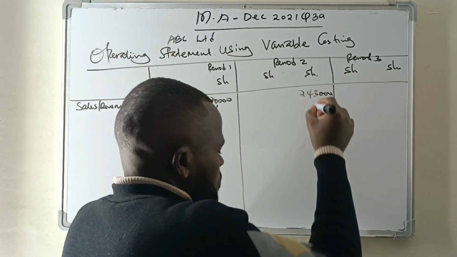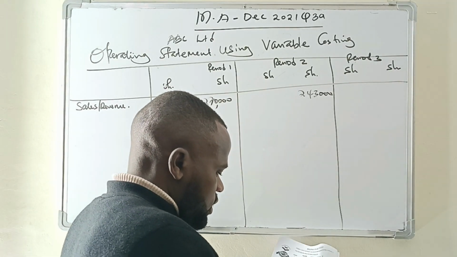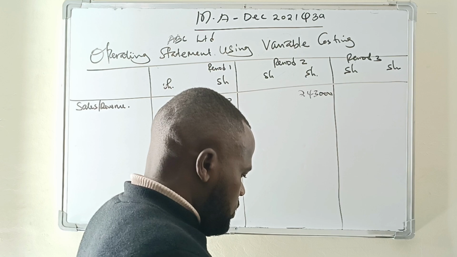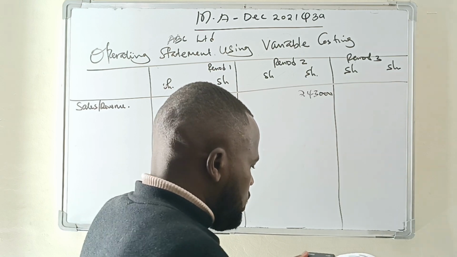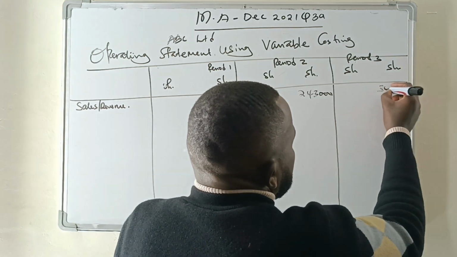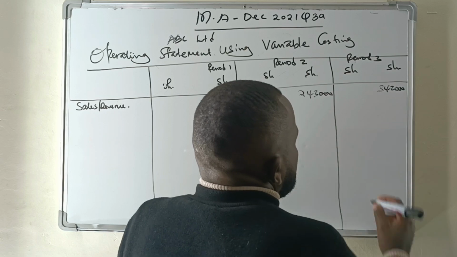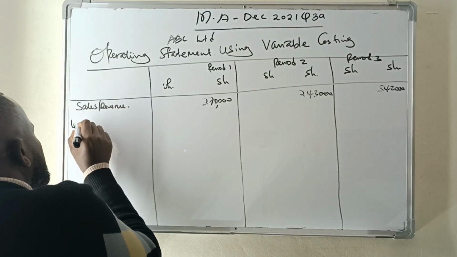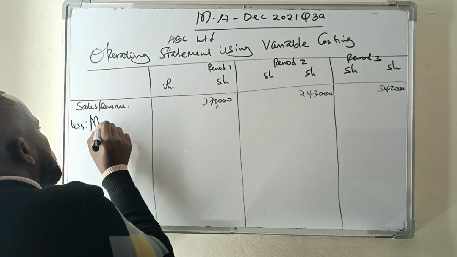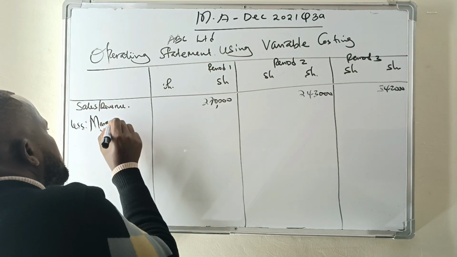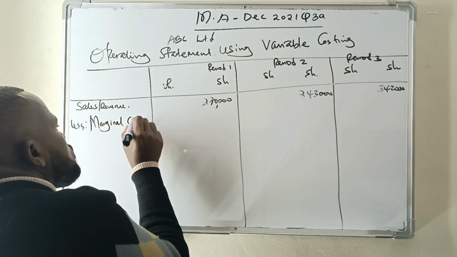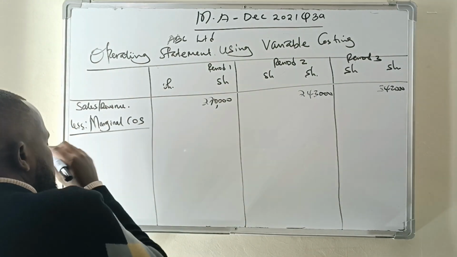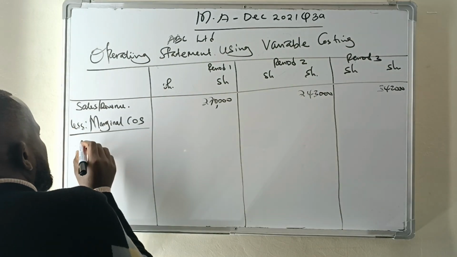Then the last one is 38,000 multiplied by 9, you get 342,000. Then you less the marginal cost of sale. The marginal cost of sale will start with what? Opening stock.